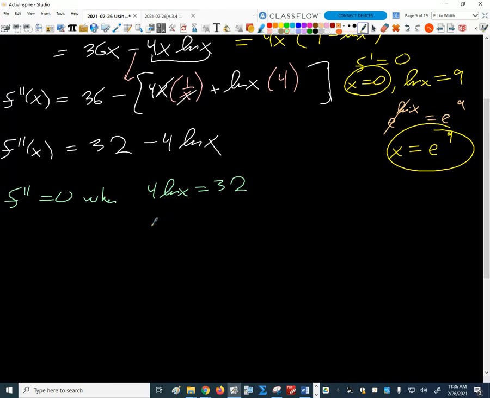In other words, when log x equals 8, right? Okay. So then we could do the same thing, and we get the critical number x equals e to the 8. Okay, big number. Okay, anybody with me?